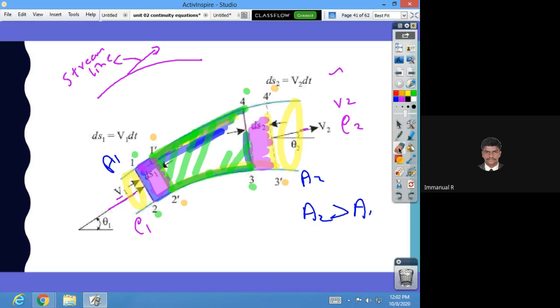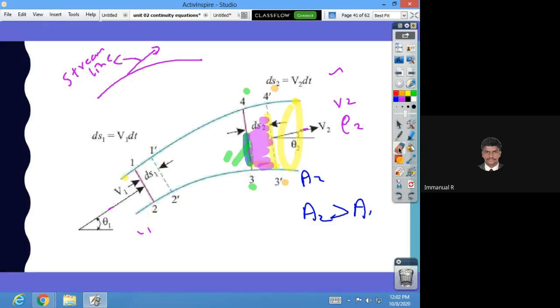Okay, I will erase all these things. This will be there, no problem. A2. So at first I have to find out the mass getting inside and the mass getting outside.